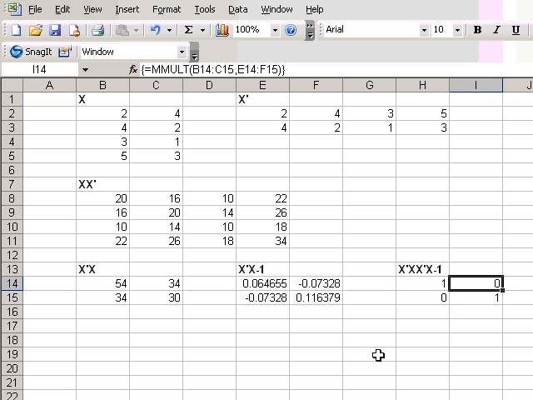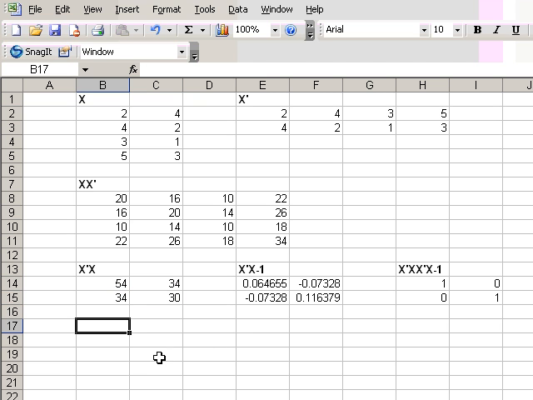This is essentially the unity matrix. The value of this inverse is that I can multiply other matrices by this inverse, and it's essentially equivalent to dividing by this matrix.